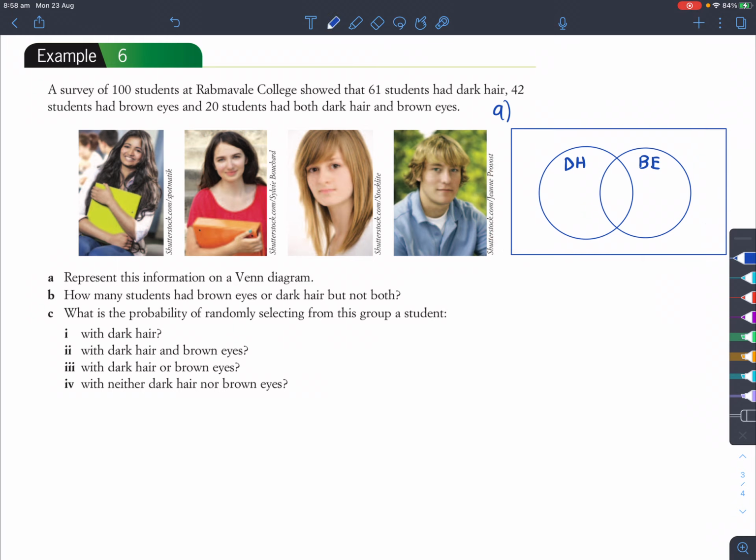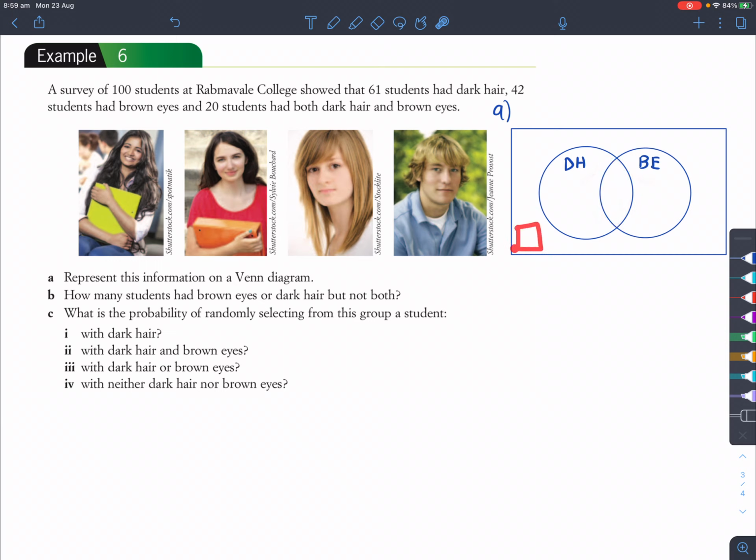Now, when you put any kind of information into a Venn diagram, I would recommend putting all the information to do with the overlapping part first, okay? So the ones that have dark hair and brown eyes.